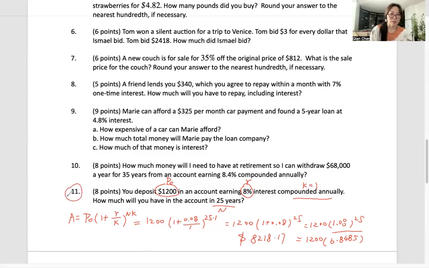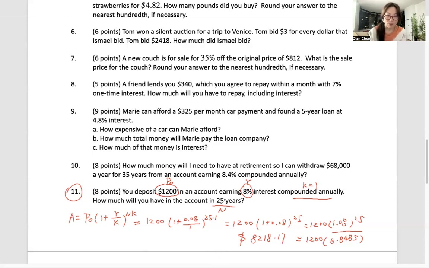So you have to calculate the exponent first. That's 11. That means if you deposit $1,200 in an account earning 8% interest compounded annually, in 25 years you would get $8,218.17. Does that make sense? That doesn't make sense, that means my calculator failed.